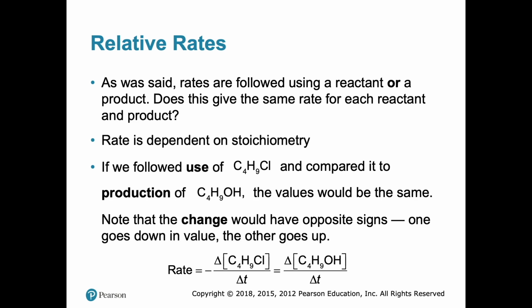But when we have an increase in butanol, then the sign is positive, because as the reaction progresses, butanol's concentration goes up. But the concentration of chlorobutane goes down, and that's why one of them is negative.